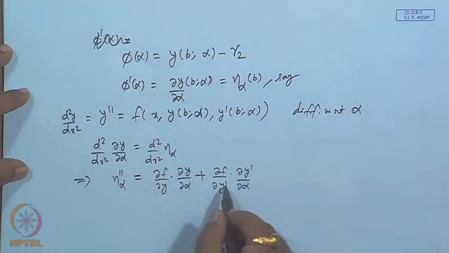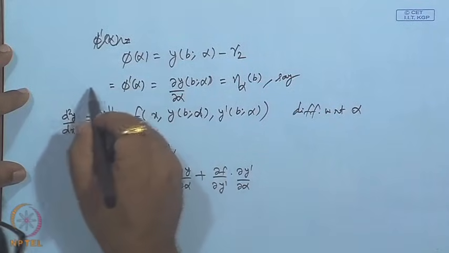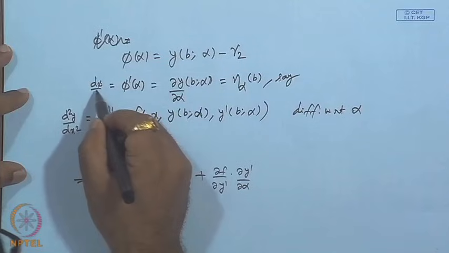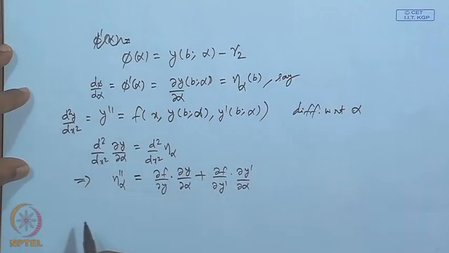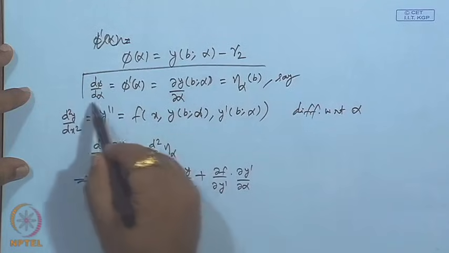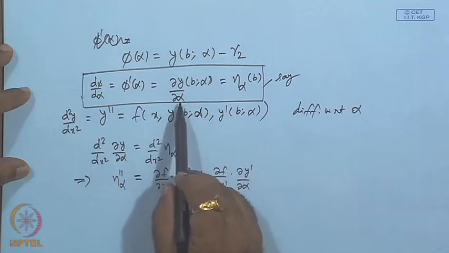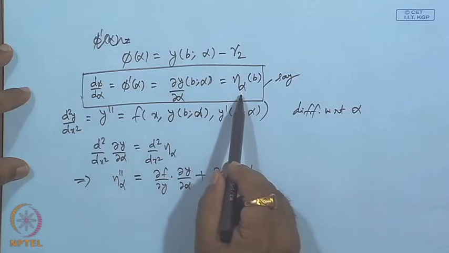Please try to understand. So, this is a key definition: dou y by dou alpha we are denoting by eta alpha.